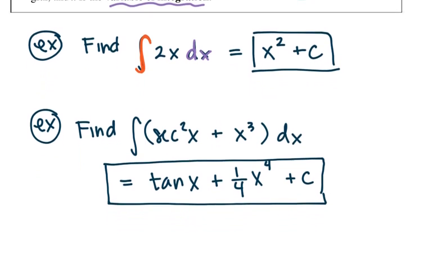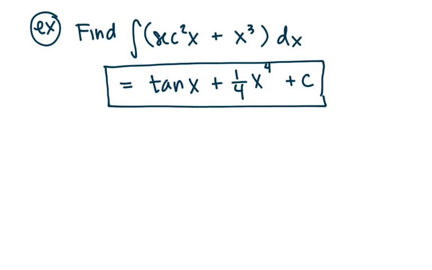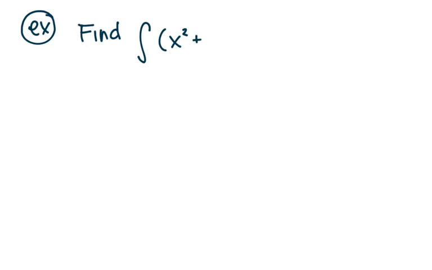And so just one more example in here. Let's scroll you all the way up. Example, maybe we will find our integral x squared plus 2x minus 5 dx. So that means we're going to find the antiderivative of this polynomial, x squared plus 2x minus 5, which is my integrand right here.